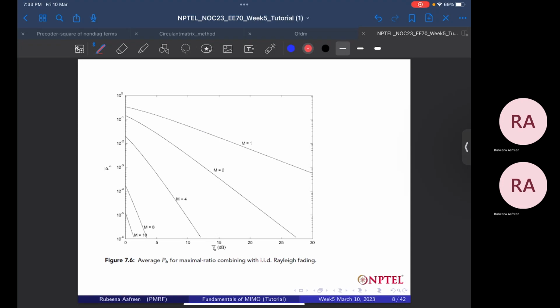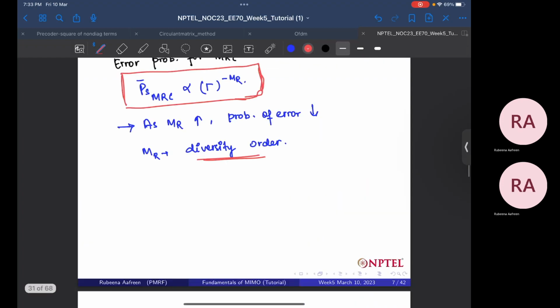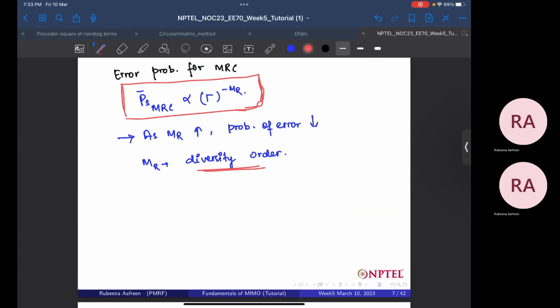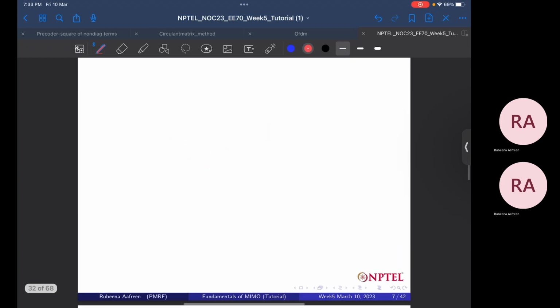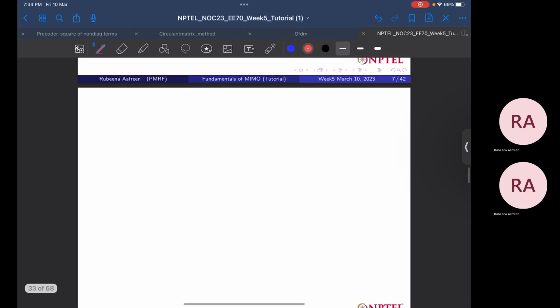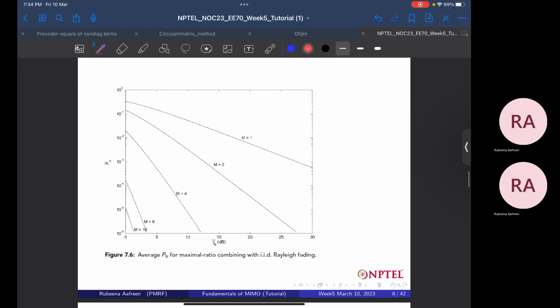Now you see, since it depends upon gamma to the power of minus MR, if MR is 1, then the probability of error is approximately gamma to the power of minus 1. If MR is 2, then it is proportional to gamma to the power of minus 2. So as the number of antennas increases, the probability of error decreases very much.